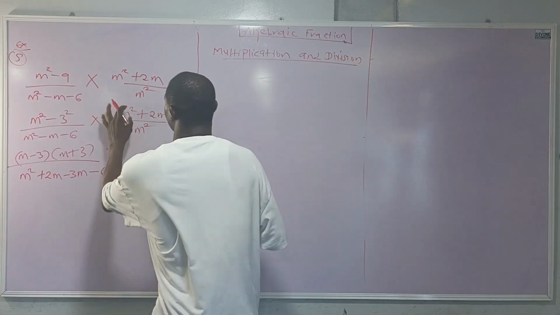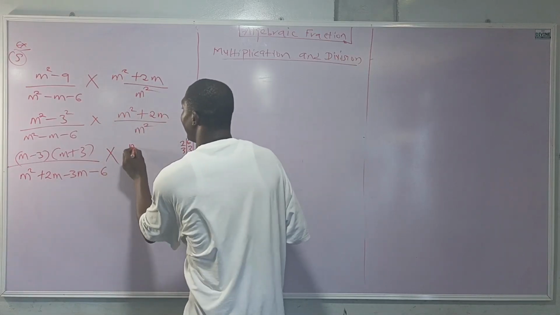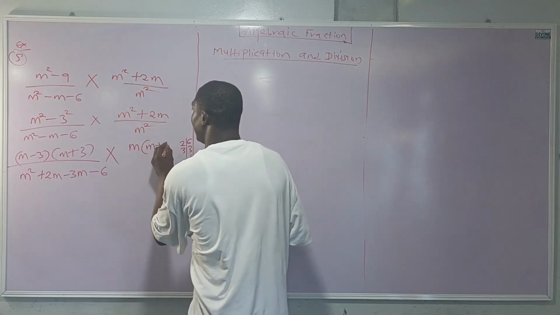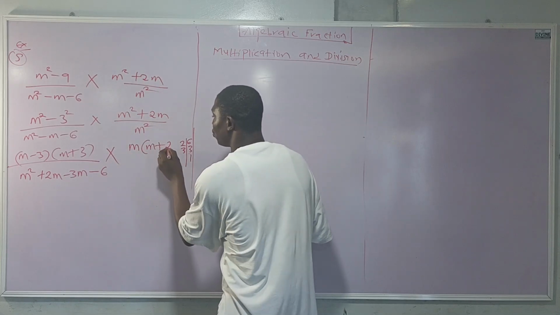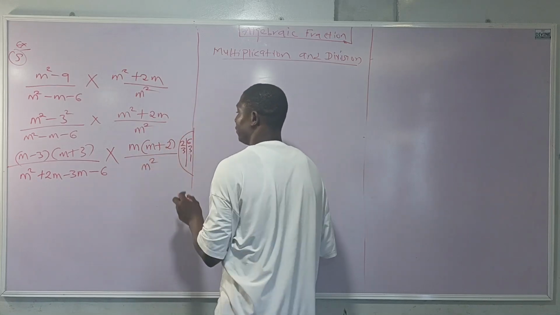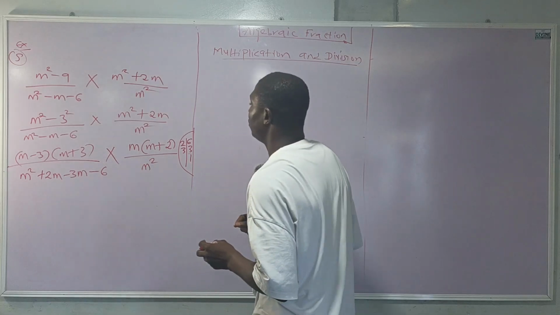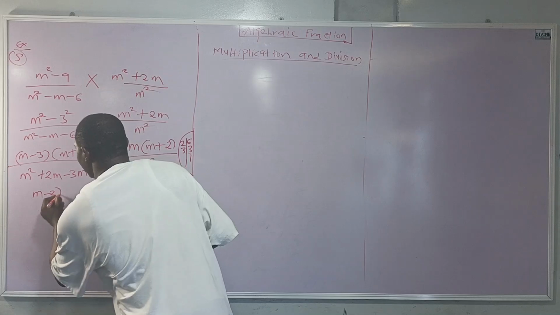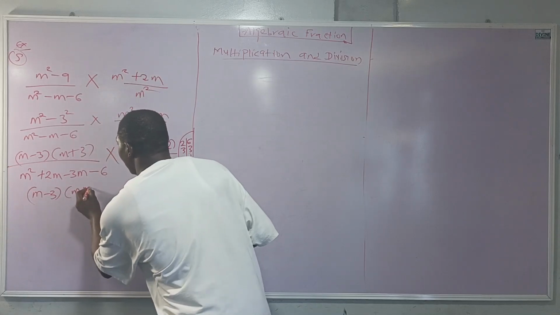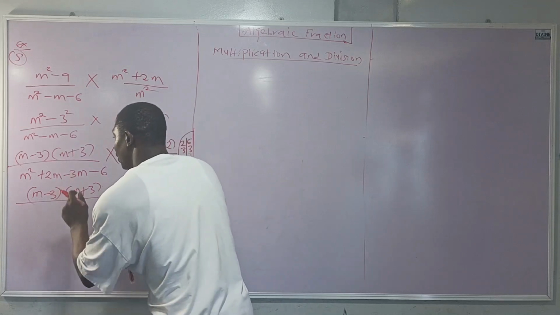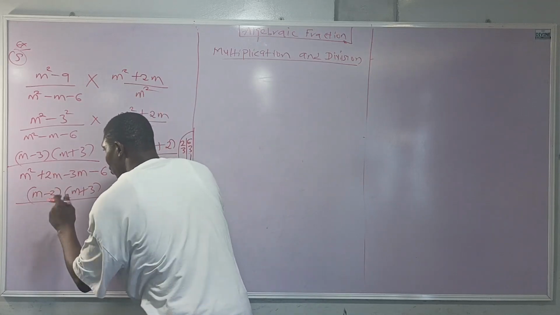Times m is common. I'll have m bracket, m squared divided by m is m, and 2m divided by m gives you 2, all over m squared. I'll therefore have m minus 3 bracket m plus 3, all divided by, I'll do my grouping but I'll check, minus minus is plus, which is okay.